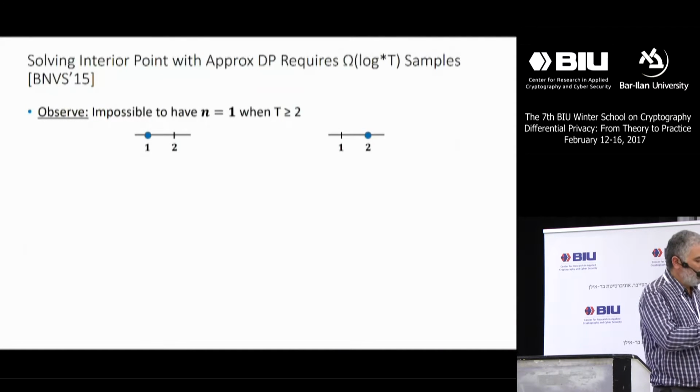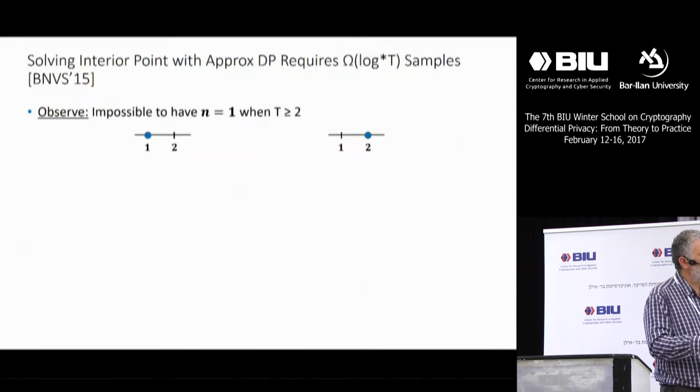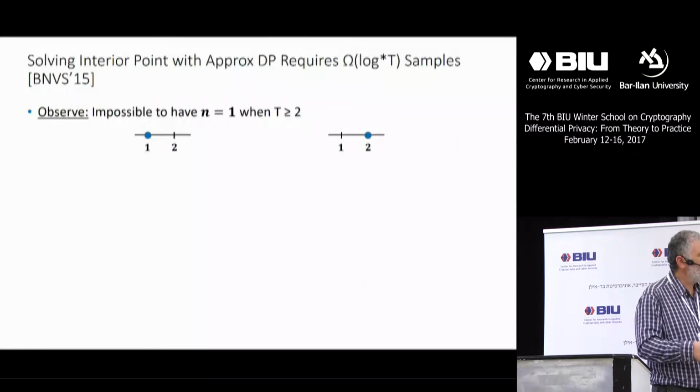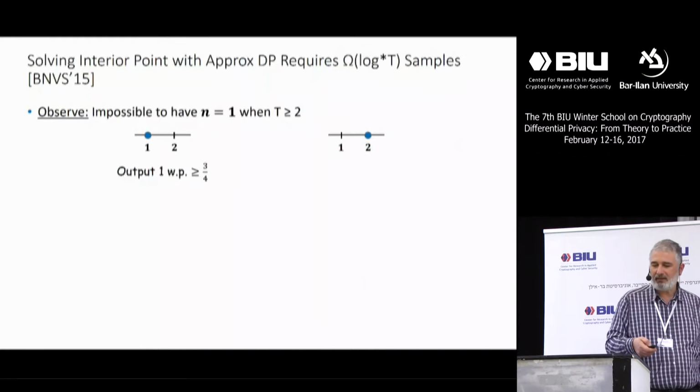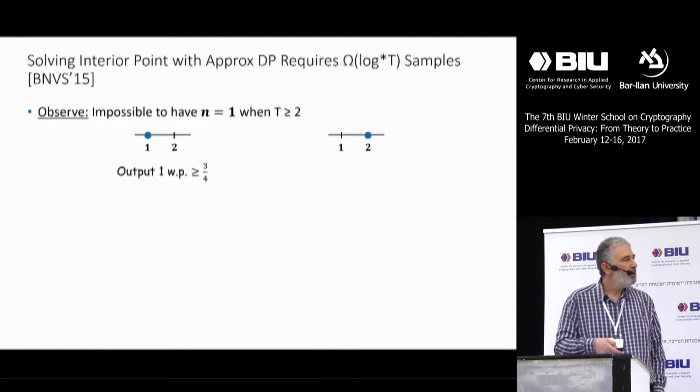So this is one possible input to the algorithm. So the point is 1, and in this case you have to output 1. That's the only solution between minimum and maximum. And in this case the point is 2. The input point is 2, so you have to output 2. But differential privacy doesn't allow us to distinguish these two cases.